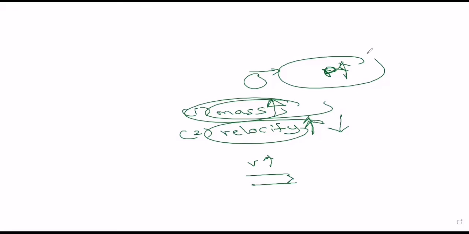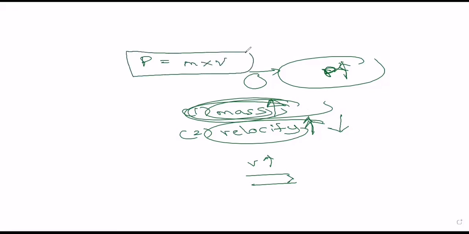Okay, so from this, children, there is a formula for momentum. Momentum is equal to mass multiplied by velocity. Mass is m, velocity is v. So this is the formula: momentum equals mass multiplied by velocity. The unit of mass, children, is kilogram.